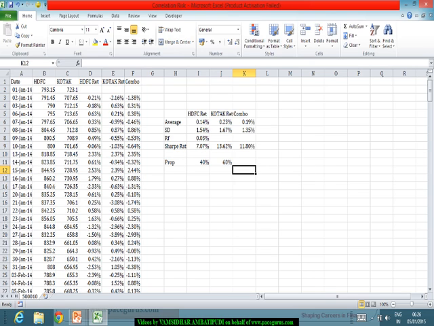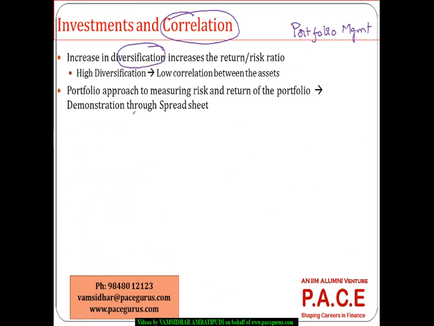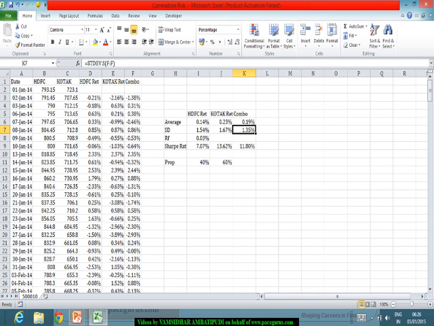Now, let's try out the best possible combination which will reduce the standard deviation altogether, the least possible standard deviation.